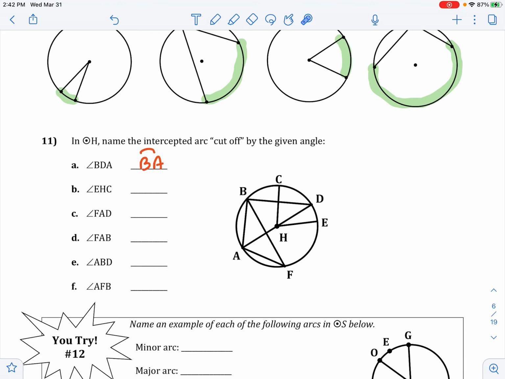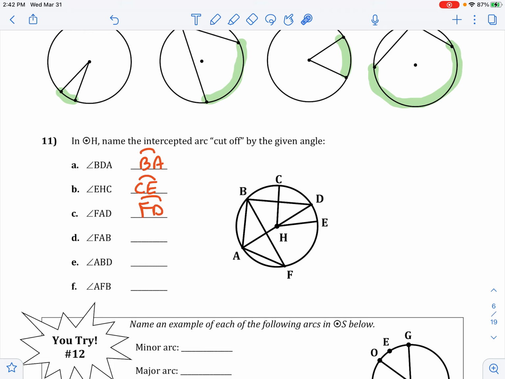Okay, EHC. Let's do that one now. EHC, CE is the arc. Let's try FAD. Here's the angle, which means the arc is FD or DF. The order doesn't matter.